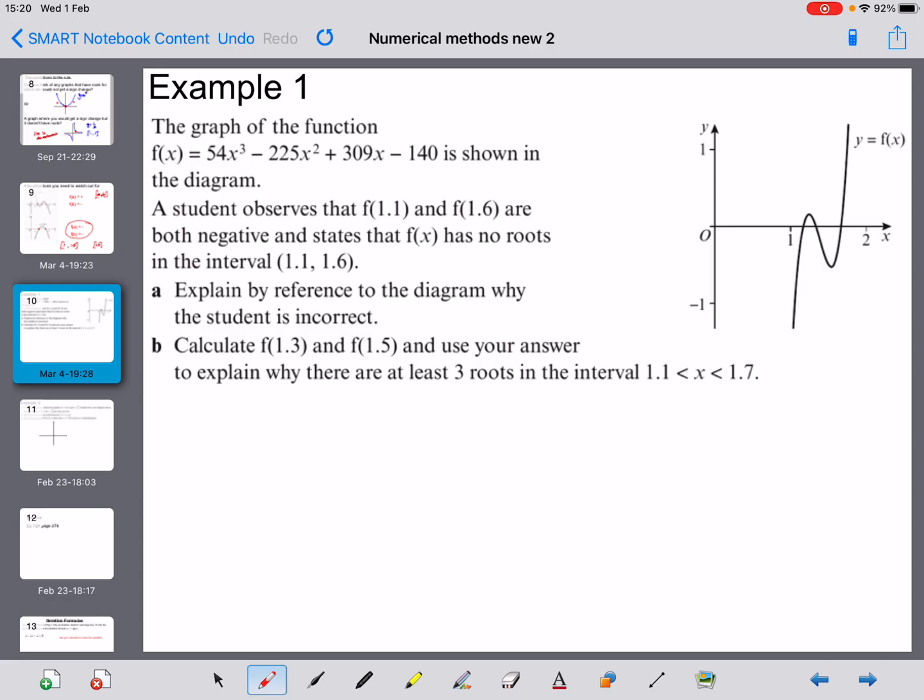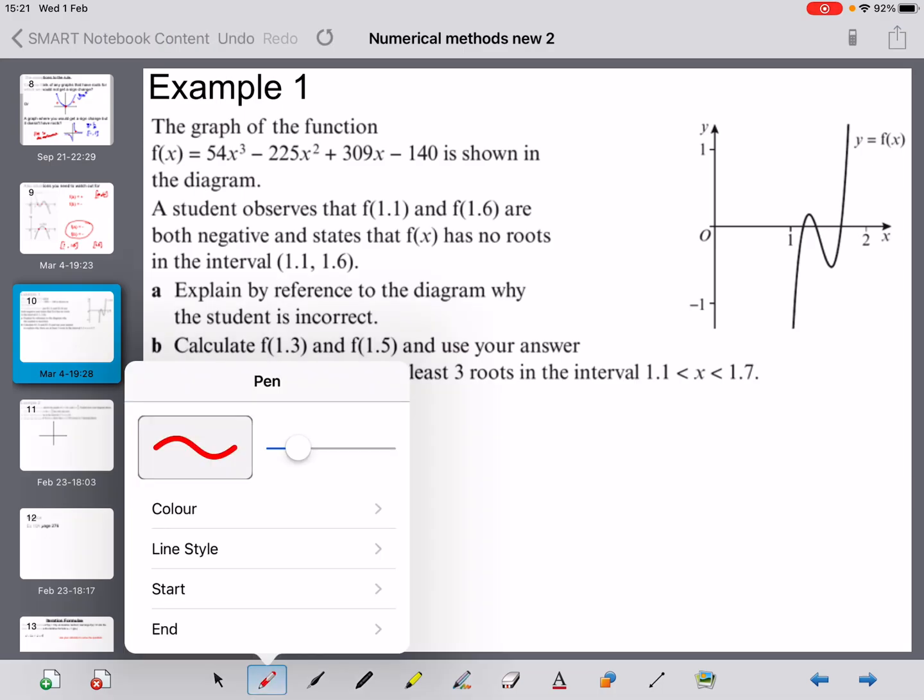Okay, just going to have a look at a couple of questions. So the graph of the function f of x equals that cubic. It says a student observes that f of 1.1 and f of 1.6 are both negative and states that f of x has no roots in the interval. So because the student is saying that they're both negative, there's been no sign change, so the student thinks there's no roots in the interval 1.1 to 1.6.